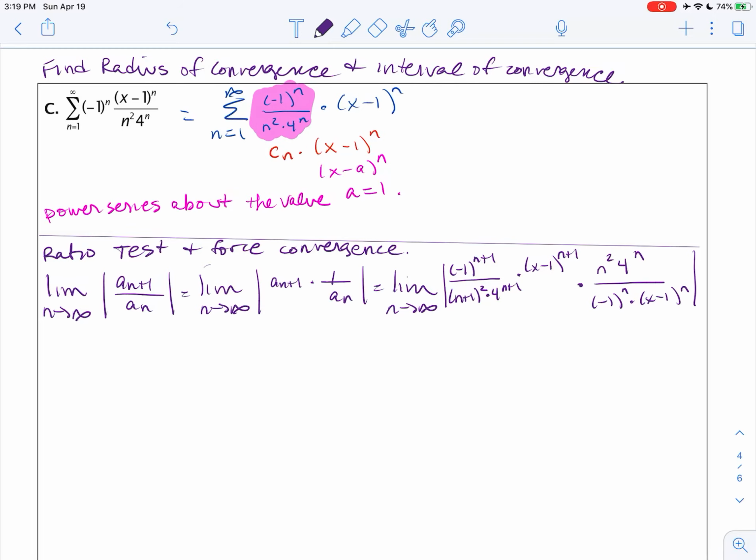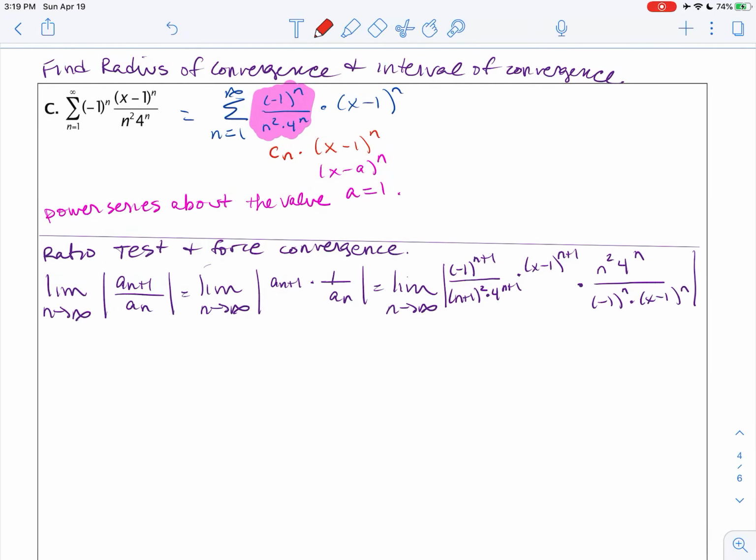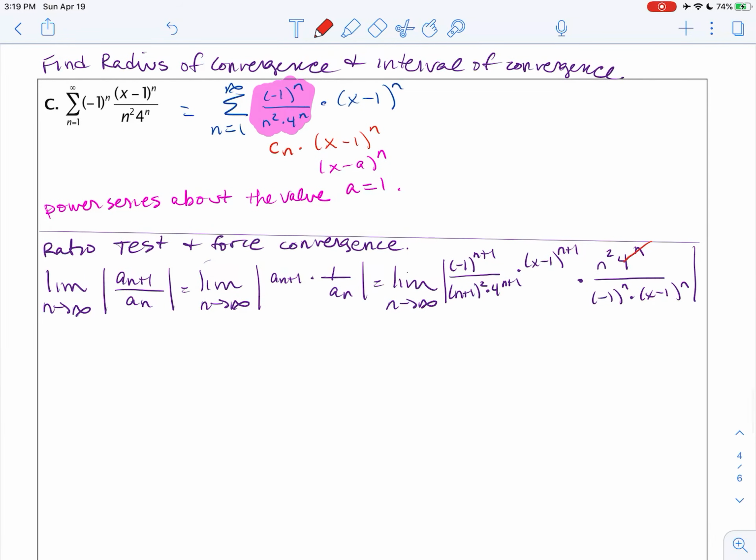So now I have a fraction, and I can begin to cancel common factors in the top and bottom. And I see that n fours cancel with n plus 1 fours to leave 4. One value of 4 left over. I see that n factors of x minus 1 cancel with n plus 1 factors of x minus 1 to leave 1 factor of x minus 1 left over.